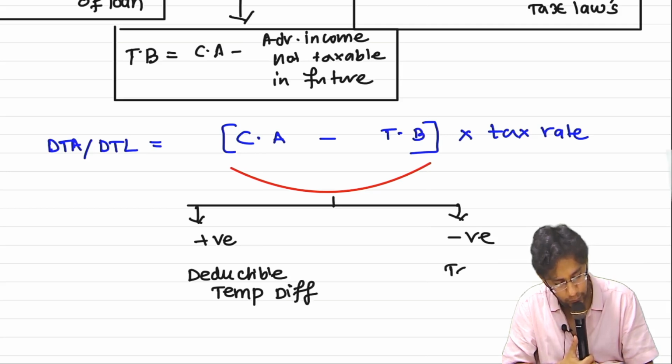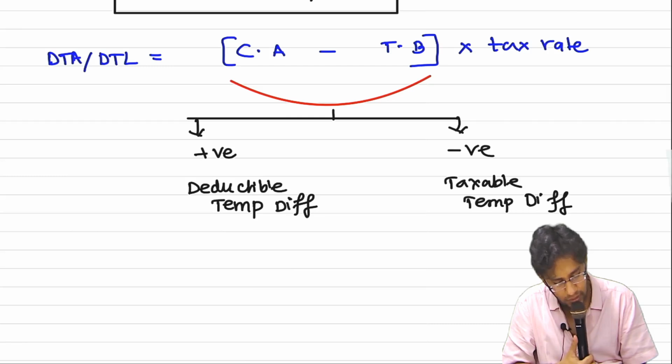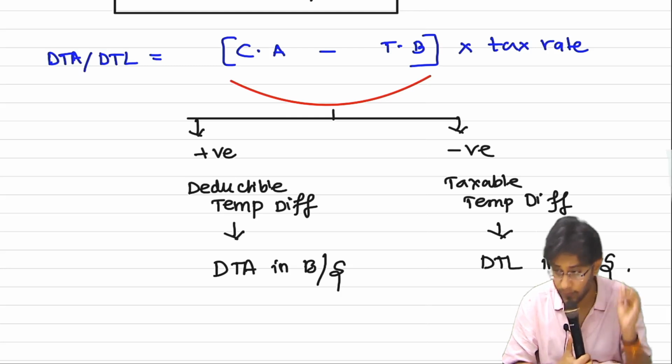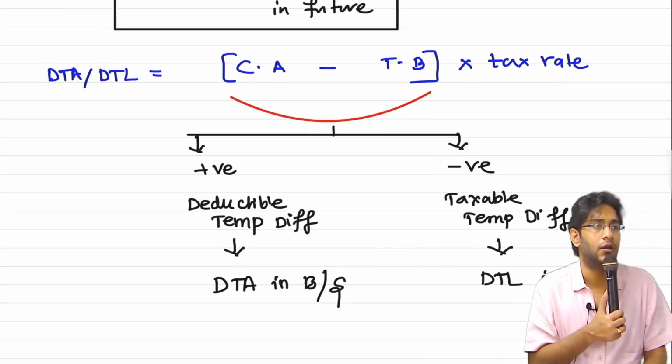If it is negative, we call it taxable temporary difference. If it is positive, then it should lead to a DTA in balance sheet. If it is negative, it will lead to a DTL in balance sheet.